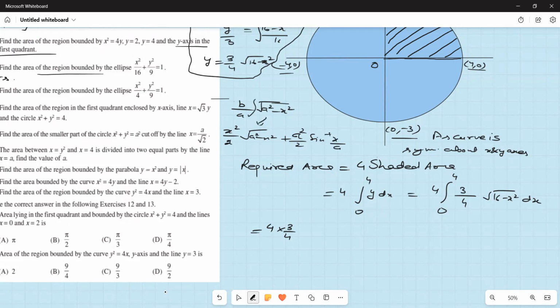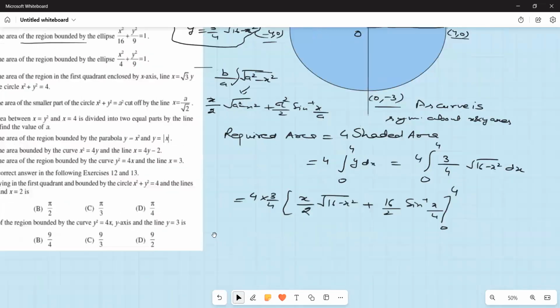Right now, using this, if I write, what is a? 4, na? So this is x by 2, sorry, x by 2, not x square by 2, square root of a square minus x square plus a square by 2 sine inverse x by a, limits 0 to 4.